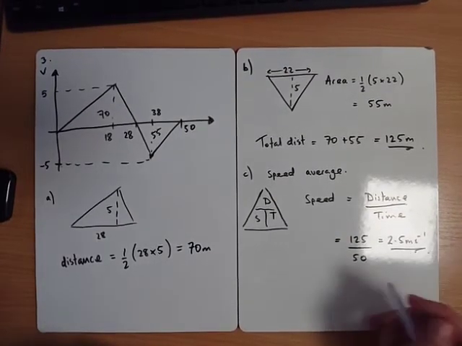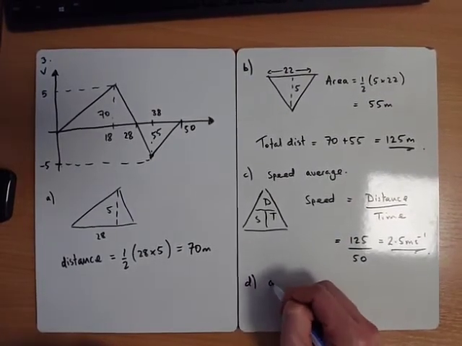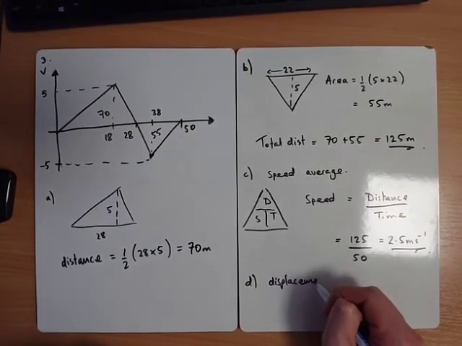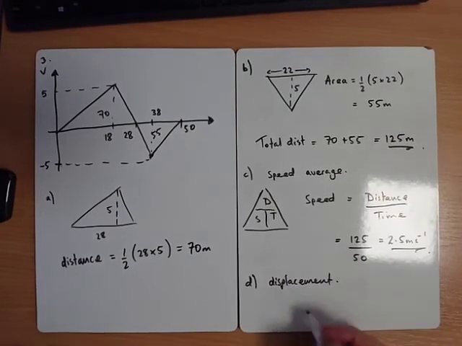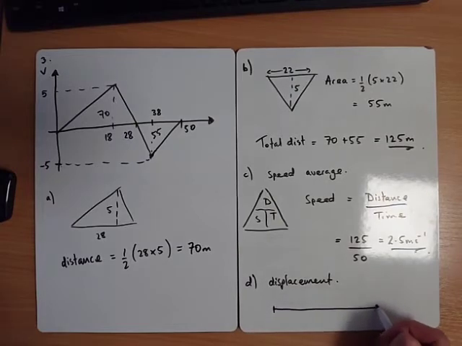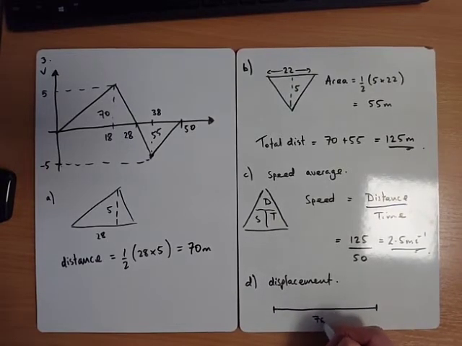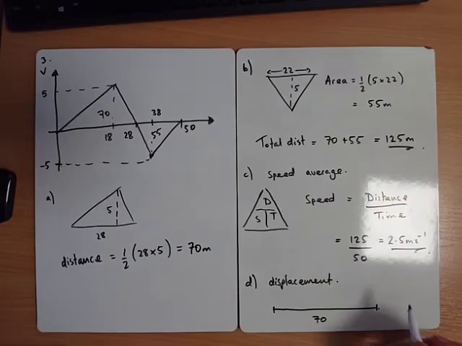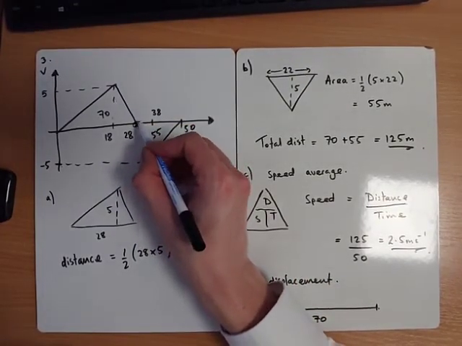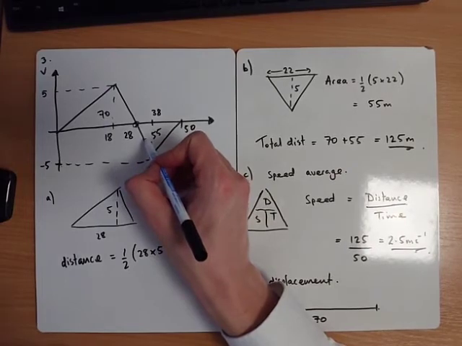Okay, the next part D asks for displacement. Now if you think about this, if we draw a diagram, we started off at rest, and then we moved 70 metres that way. But after 28 seconds, the velocity is 0. And then when the velocity is negative, we're moving in the opposite direction.